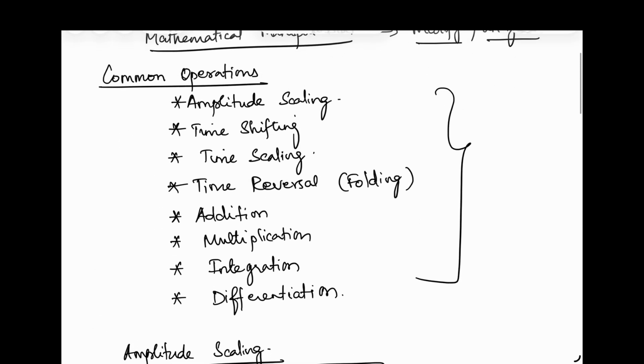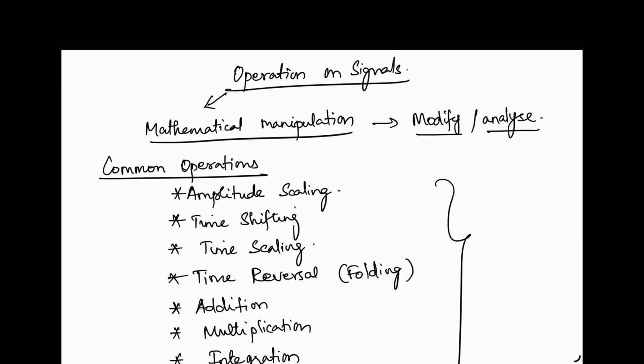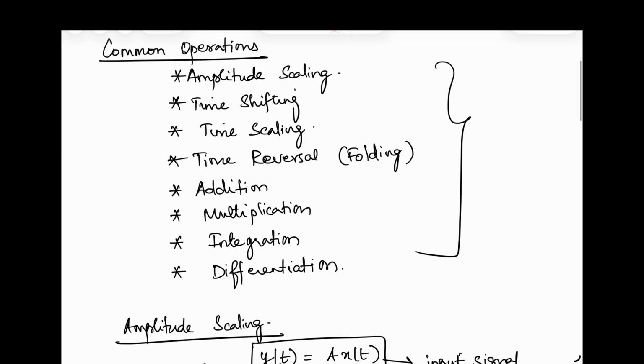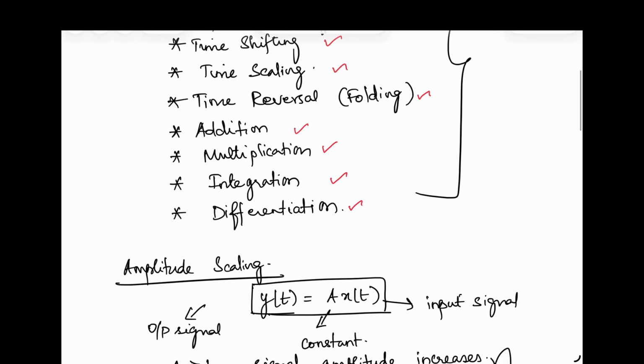A quick recap: operation on signals means the mathematical manipulations done on signals so that the signal gets modified, and in turn we analyze the signals. The different operations are amplitude scaling, time shifting, time scaling, time reversal, addition, multiplication, integration, and differentiation. We can also perform subtraction on signals.